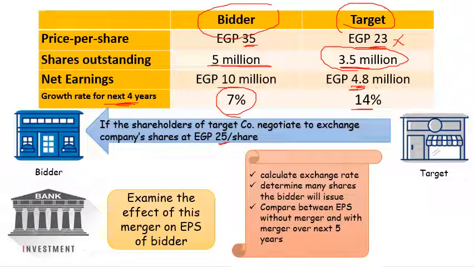So the investment bank should calculate the exchange ratio at which the bidder will issue new shares to exchange for 3.5 million shares, and also determine how many shares the bidder will issue, to compare the earning per share before the merger and after the merger over the next 5 years.